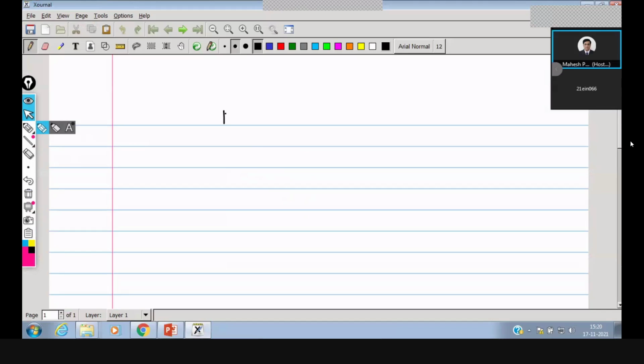So we will write today it is a mesh analysis. For this mesh analysis, we are going to have one circuit containing 2 different meshes. Fine. So let's have an example.